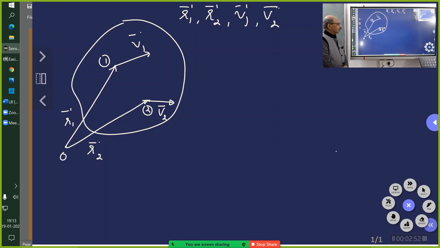So you must use the property of the rigid body here. One property, if you use, then you will be able to relate.